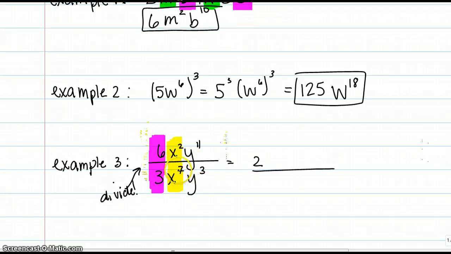So you can do x to the 2 minus 7th power, but then you're going to have a negative exponent. So I want you to make a note before you start subtracting. Whichever number is bigger between the exponents, so here I have 2 and 7, and we can all decide that 7 is bigger. That means our x's are going to stay in the denominator.